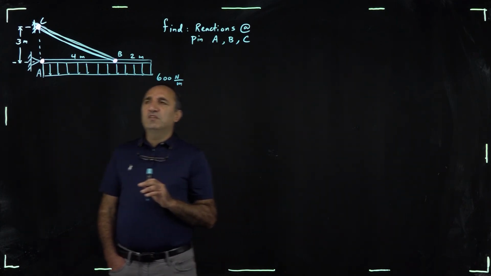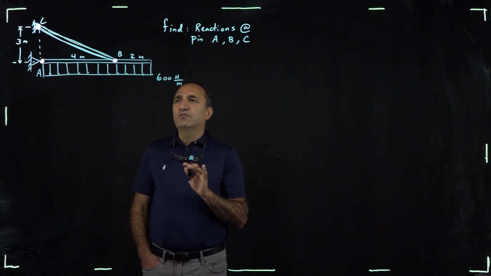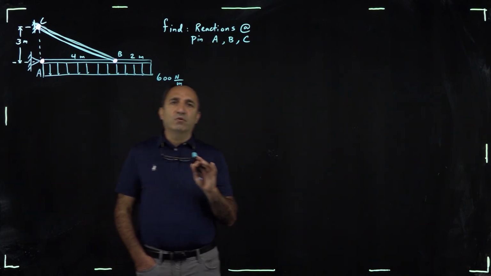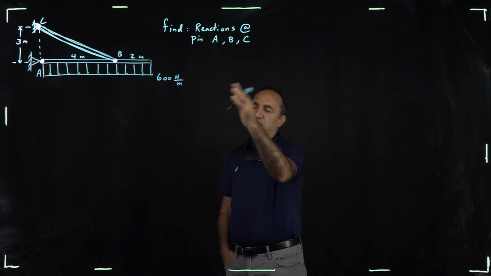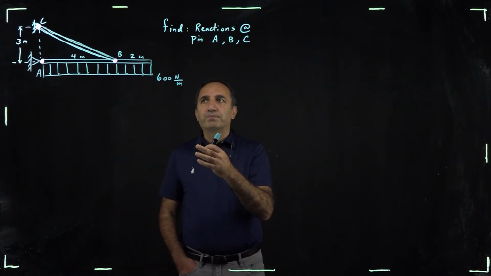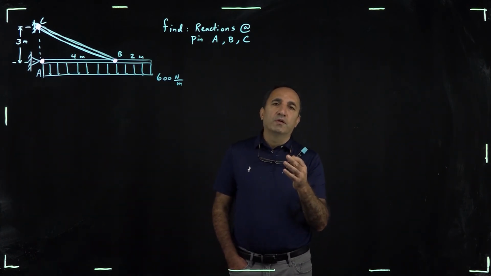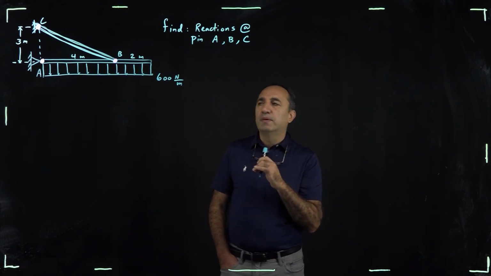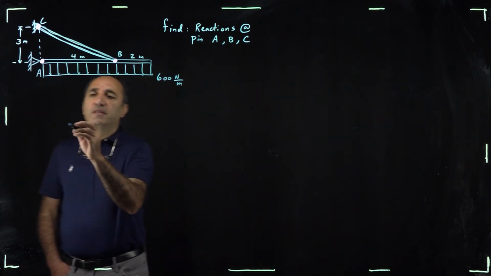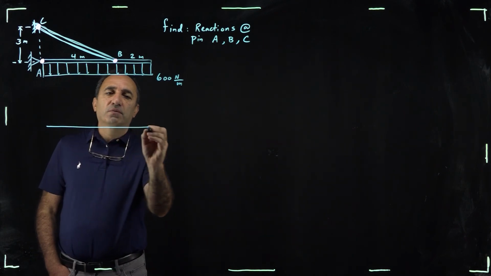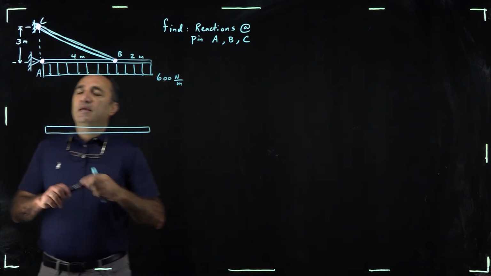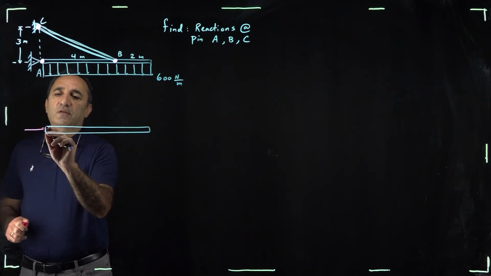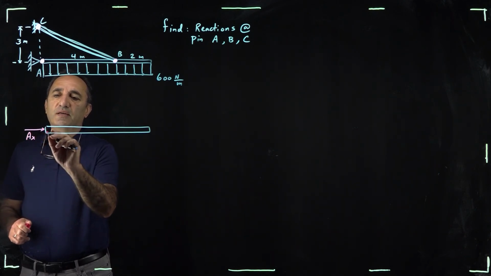So this is really a simple problem. You just have to be careful as you draw the free body diagram. As always, this fits in the category of a two-dimensional rigid body equilibrium problem, you need to draw a free body diagram, obviously, and I'm going to do that now. So we know that we have a pin at A, so that gives us two components of reaction, AX, AY.